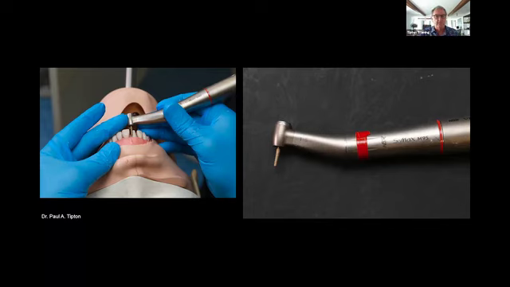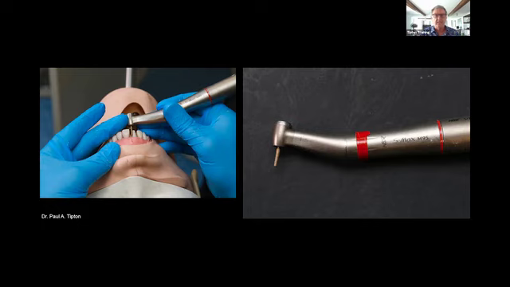What happens if you push harder when you're using your turbine? Usually it stalls. What happens if you use gentler force? Usually not an awful lot. It doesn't cut too much. So we're using constant force. And the problem with that is that we're not having the tactile feel that we could be having.